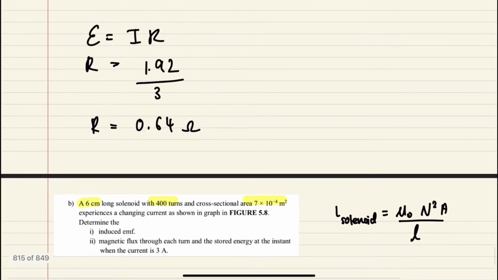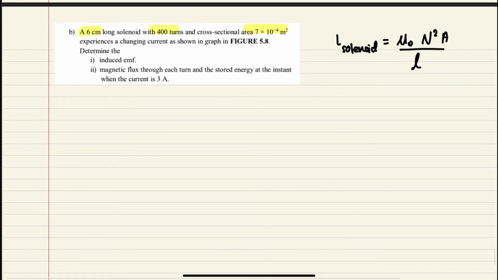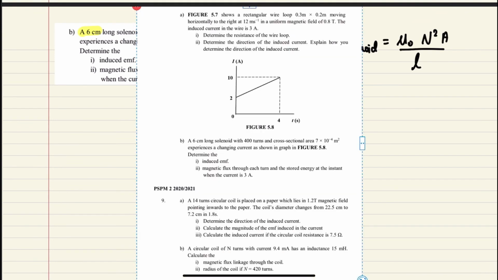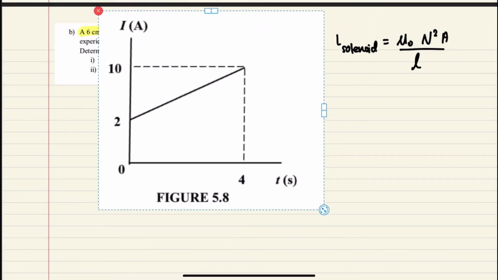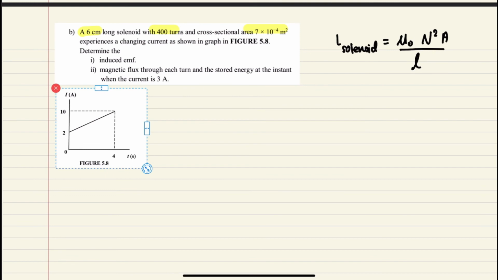Oh, I think I'm missing some diagram there. Yes, that one. So since they give you I against T graph, so that one's most likely you can use di dt from the graph, right? Change in current per unit time.